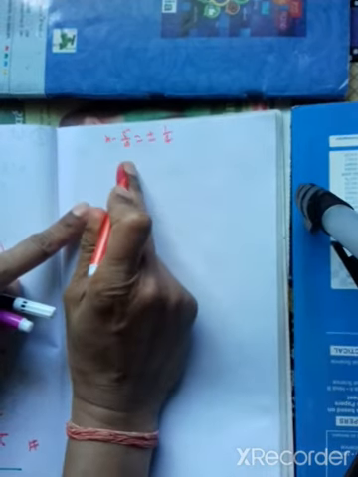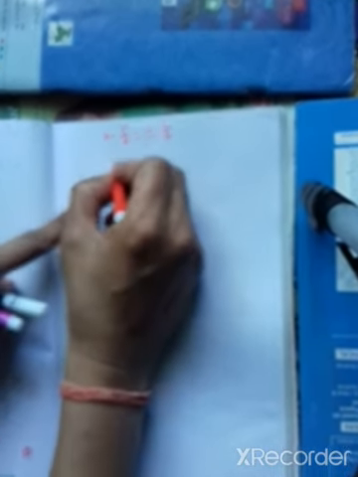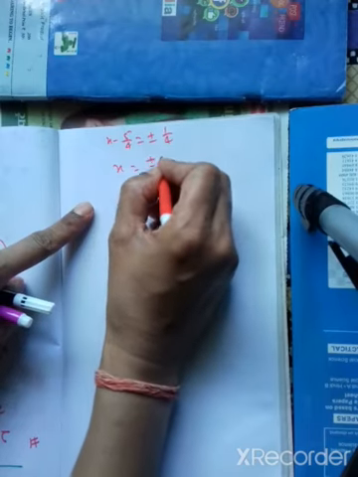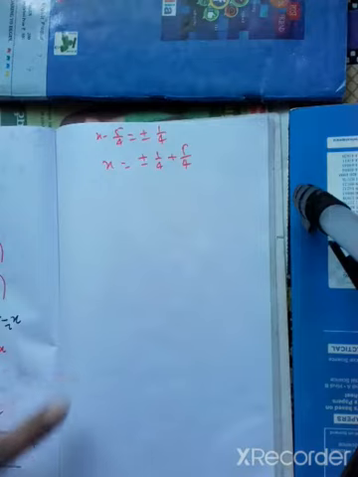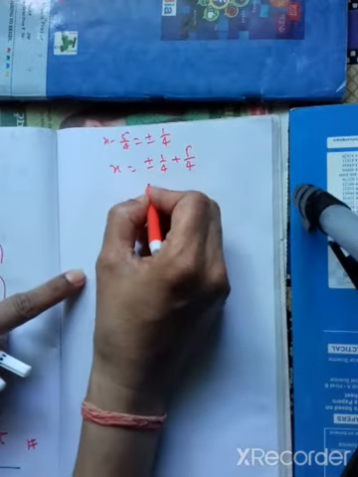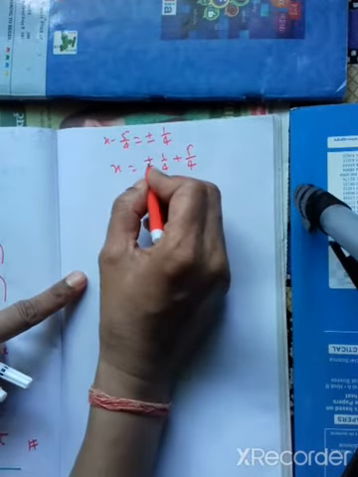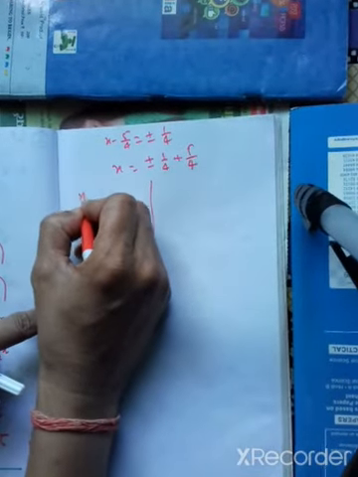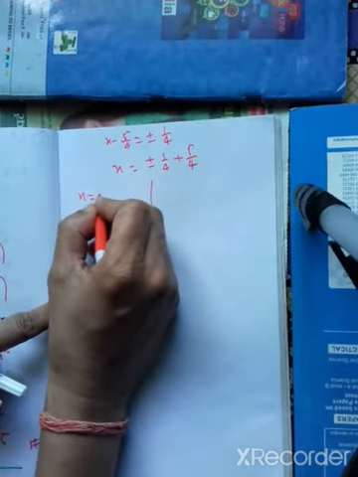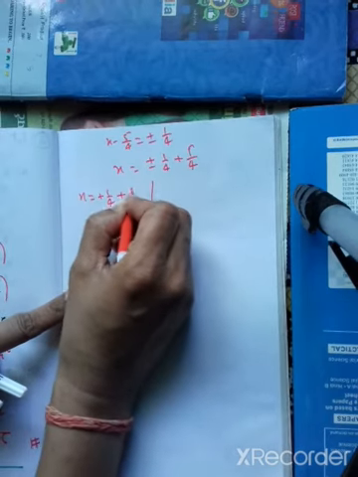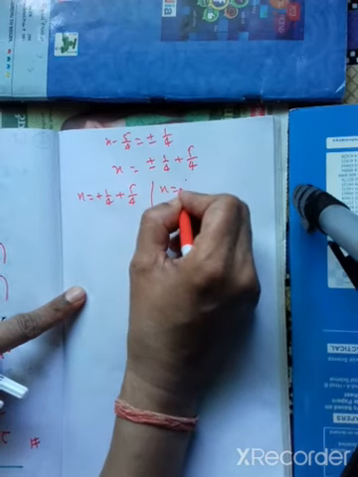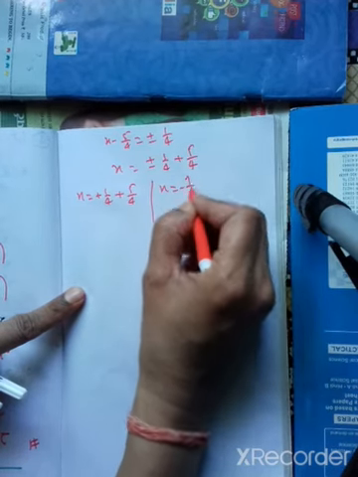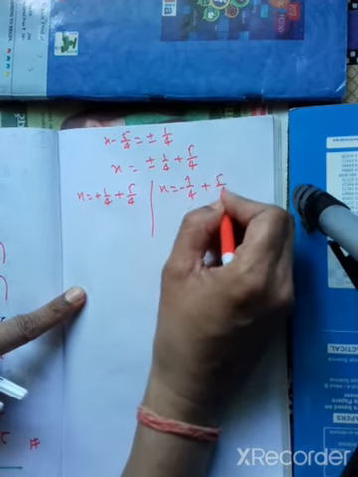Now we will transpose this 5 by 4 to the right hand side. So x equals plus minus 1 by 4 plus 5 by 4. Okay, then to solve, how will we do it? Once we will take the plus sign, once we will take the minus sign. So once x equals plus 1 by 4 plus 5 by 4, and once x equals minus 1 by 4 plus 5 by 4.